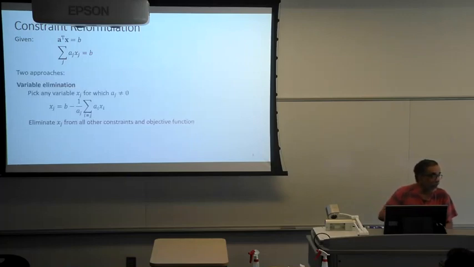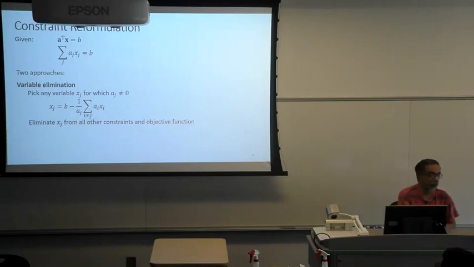So what I can do is, one approach is variable elimination. I pick one variable xj such that the corresponding aj is not equal to 0. Okay, and then from this equality, I see that xj equals 1 over aj times b minus the summation ai xi, for all i not equal to j.